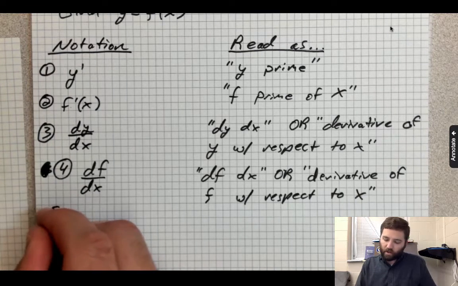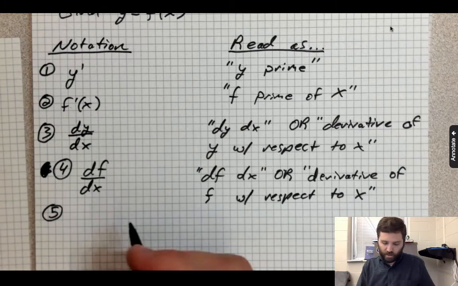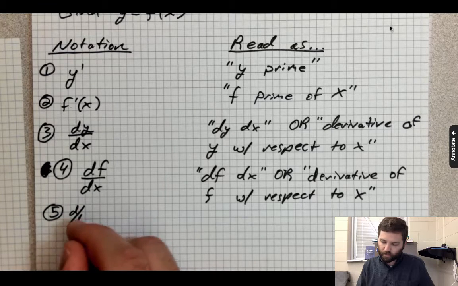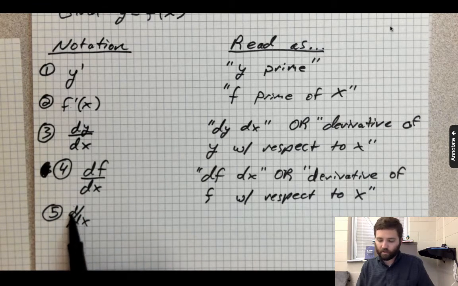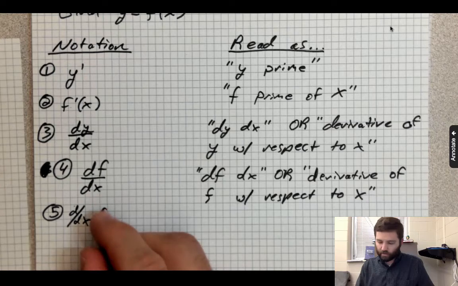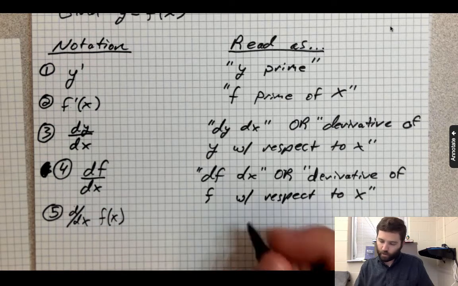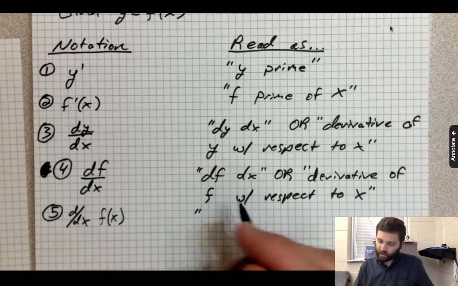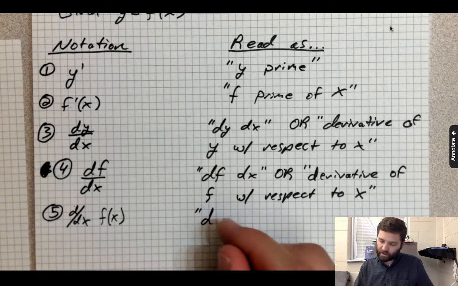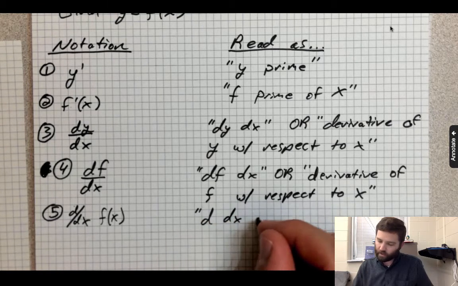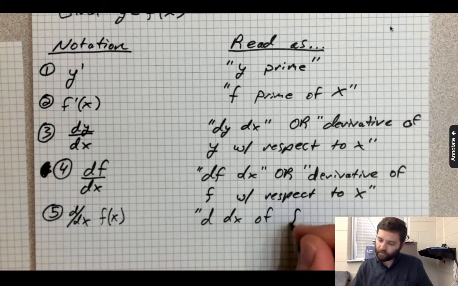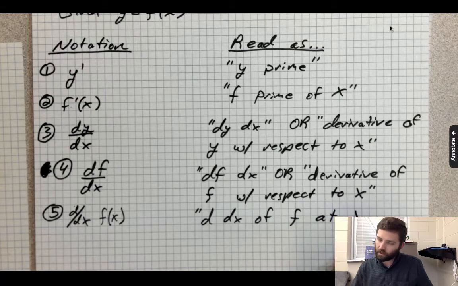All right, the last notation here is d dx. This is read as the derivative with respect to x of f of x. I'm not going to write all of that out, so you can just read this as d dx of f at x.